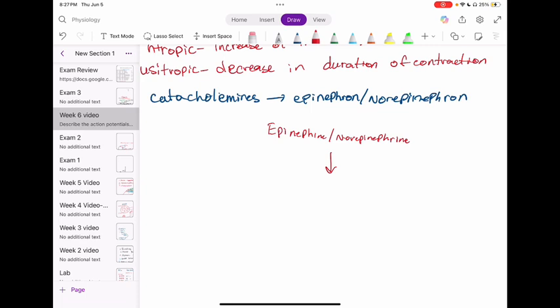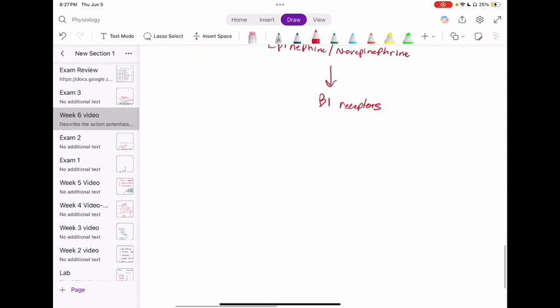Okay, so this binds to the beta 1 receptors. And they will activate cyclic AMP and cyclic AMP will activate a phosphorylator. That phosphorylator is protein kinase A.